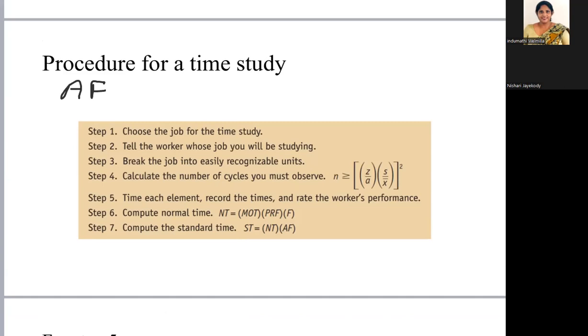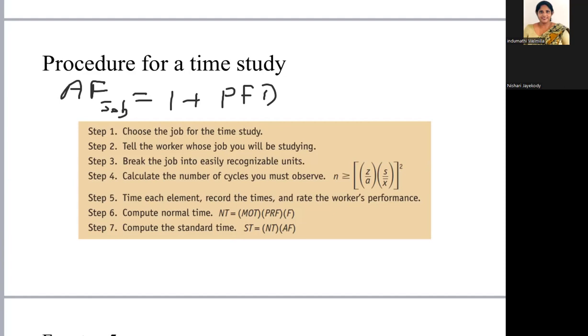We can put here AF for the job, time worked, equal to 1 plus PFD, where PFD means the percentage allowance adjustment based on the individual job.